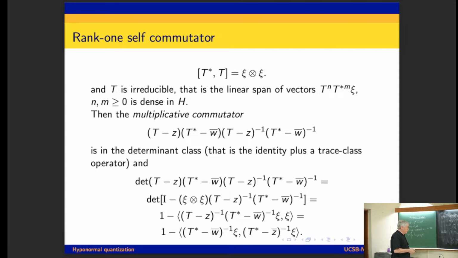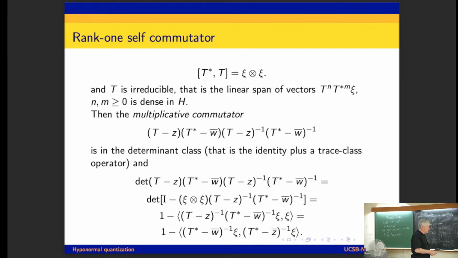We take the multiplicative commutator, and the determinant will be precisely this compressed resolvent, but now with a doubled argument. So it's a kind of polarized compressed resolvent, and this will be the key to everything which follows.